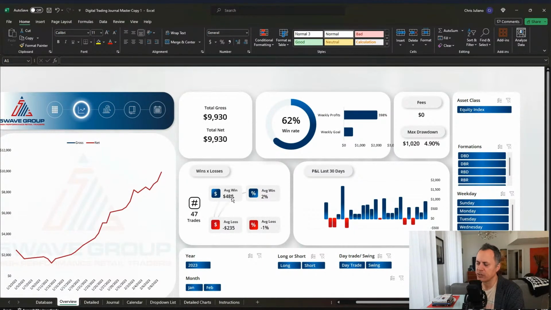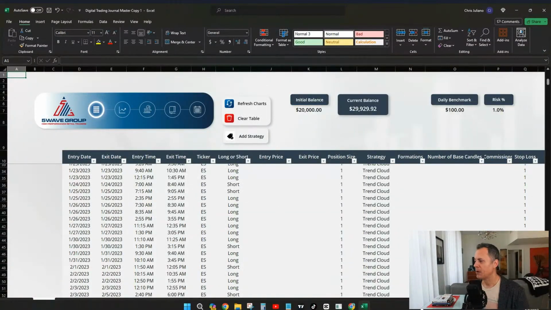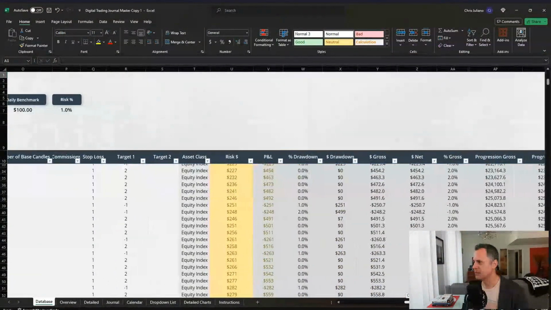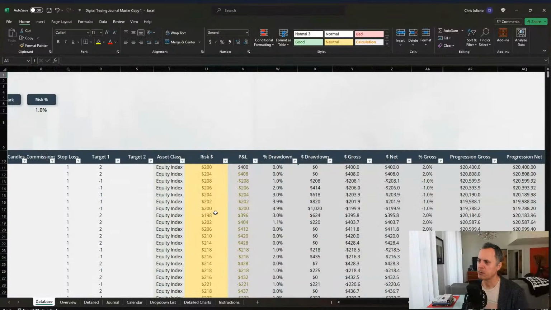Average win was 2 to 1, right? $488. Average loss, $235, and that is because we're using 1% of the total current account value. So as our profits were increasing right here, we started with a $20,000 account.